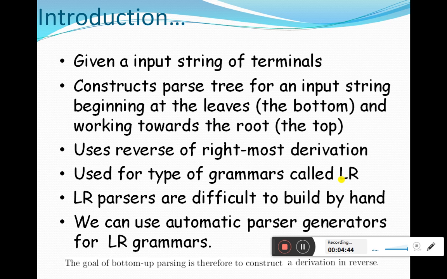All the bottom-up parsers will scan the input string for analysis from left to right using a rightmost derivation in reverse. The second letter R stands for using rightmost derivation in reverse. Ultimately, the goal of bottom-up parsing is to construct derivation in reverse.